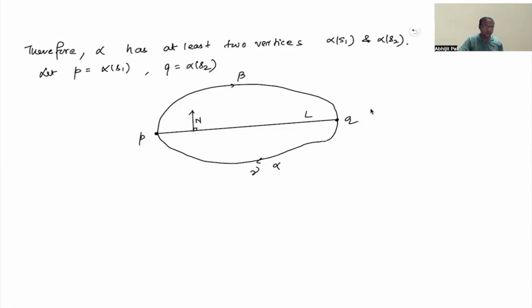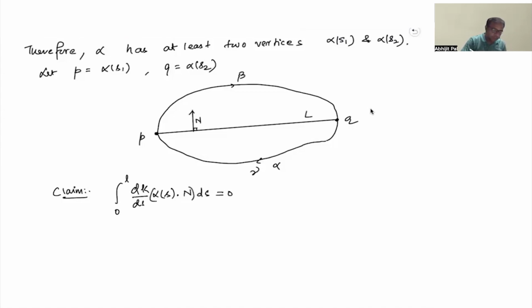The first claim is: if I take this integral of alpha(s) dot product with n, where n is a constant vector, this integral will be equal to 0.